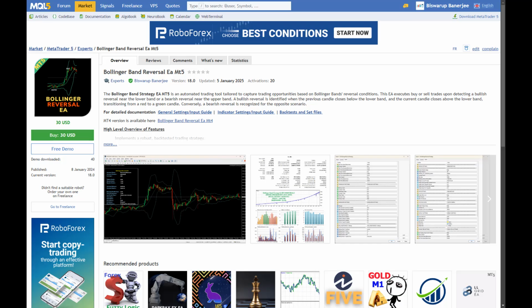For MetaTrader 5 users, the page provides a direct link to the MT4 counterpart and vice versa, ensuring seamless cross-platform compatibility. For example, the MT5 version page includes a link to the MT4 product page, and the MT4 page links to the MT5 product page.